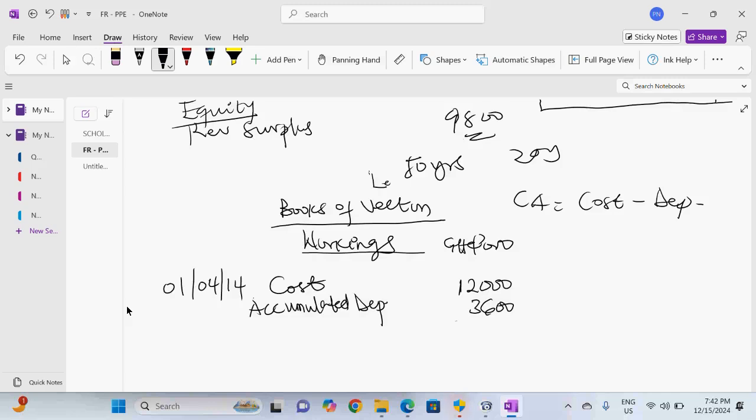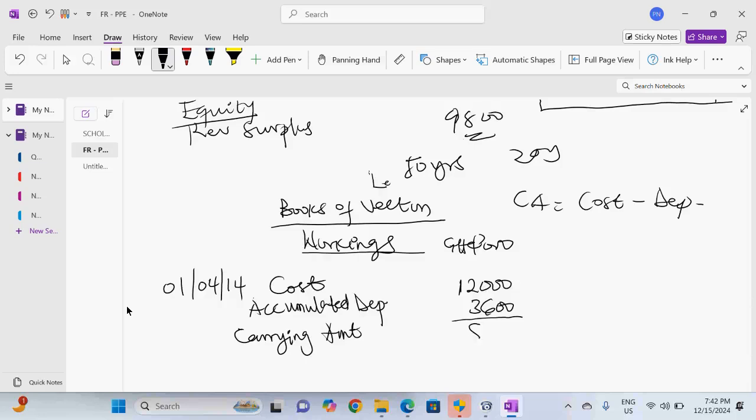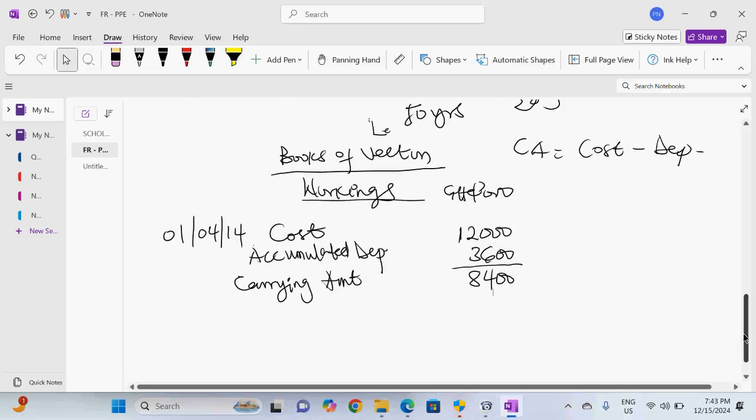So what will be our carrying amount at that date? 8,400. So with this 8,400 as our carrying amount, now we can look at the revaluation.